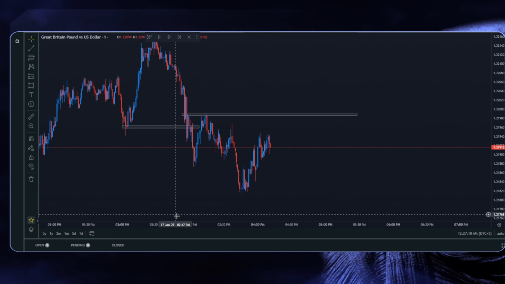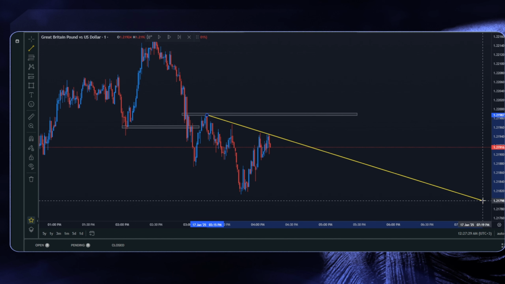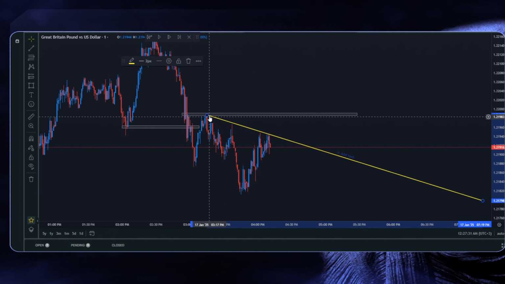So we need to draw our trend line. I'm going to get this tool, get this level, and then connect those lower highs, this one and that one. That one is giving us our trend line.